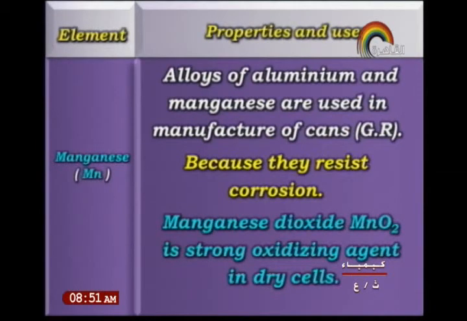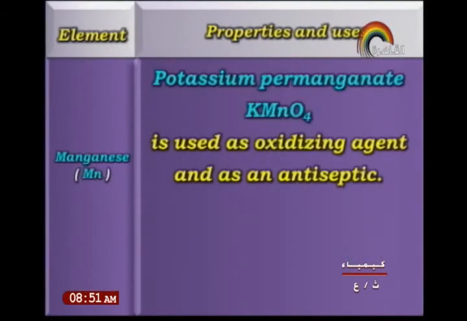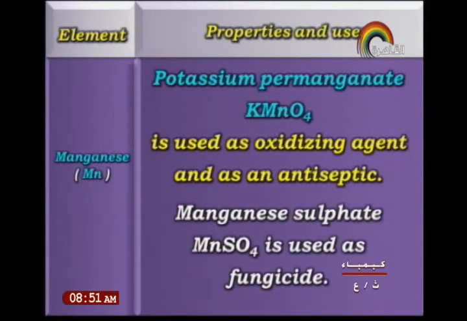And another compound of manganese as oxidizing agent is potassium permanganate, KMnO4, which is used as oxidizing agent, and also it is used as antiseptic for washing vegetables and fruits. Another use for manganese compound is manganese sulfate, which is used as fungicide.